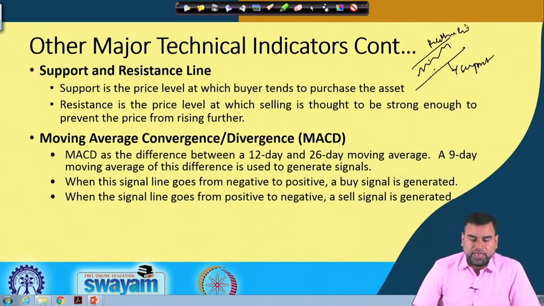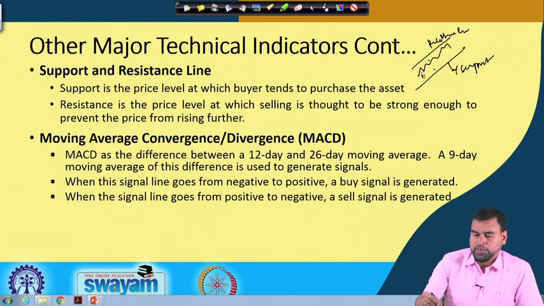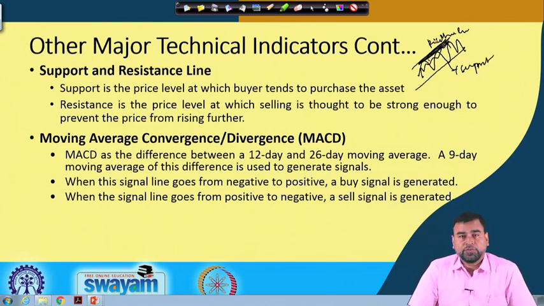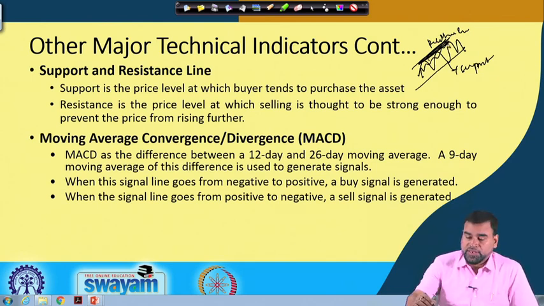Here the support line is the price level at which buyers tend to purchase the asset. The resistance line is the price at which selling is thought to be strong enough, because the investor feels that once the price has reached this range, further increase is not possible, or there is a very rare chance it will increase. So, once they reach that point, they will sell it.